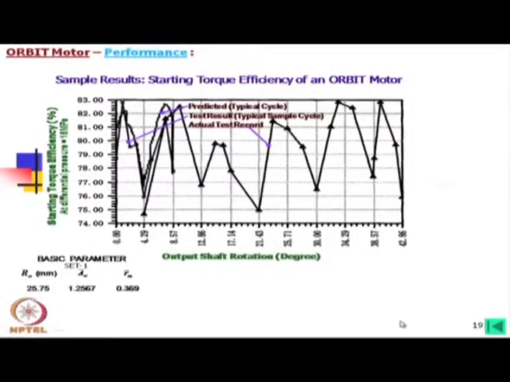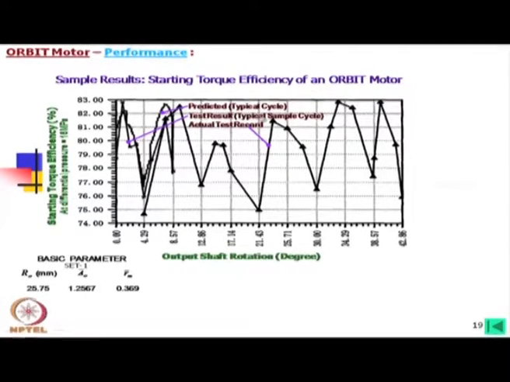Now, if an experiment is carried out, then we can try to find out whether this approach is correct or not. As you can see, this is the predicted typical torque cycle. The test result, as you see, is obviously very difficult to measure, it comes at random like this.